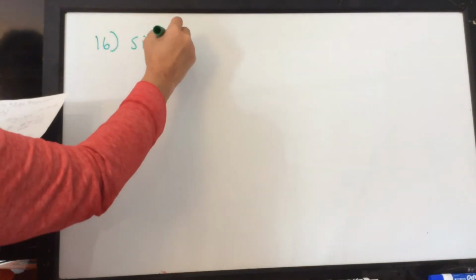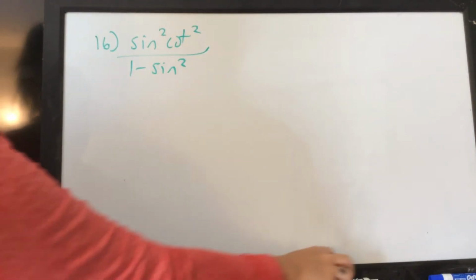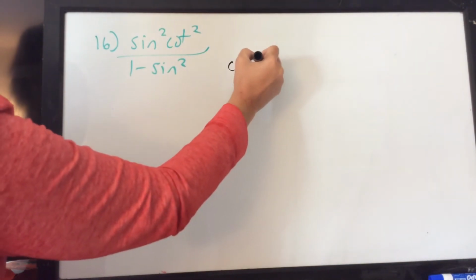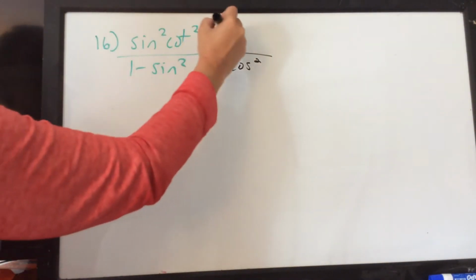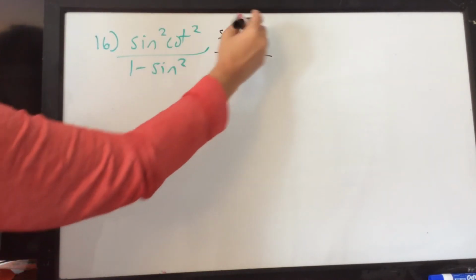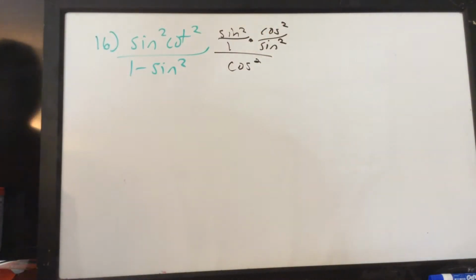16. Sine squared cotangent squared over 1 minus sine squared. There's our Pythagorean identity. We've got cosine squared on the bottom. The top is sine squared over 1. And then cotangent is going to be cosine squared over sine squared.